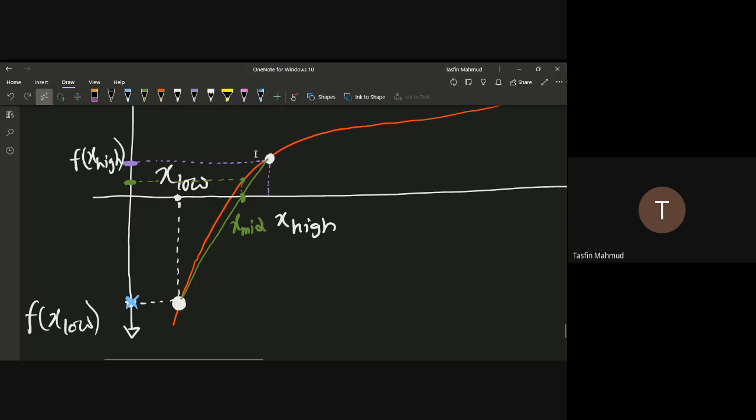So we will forget this x high point, and we are going to consider this point as our new point, and we are going to update this x mid as x high, right?